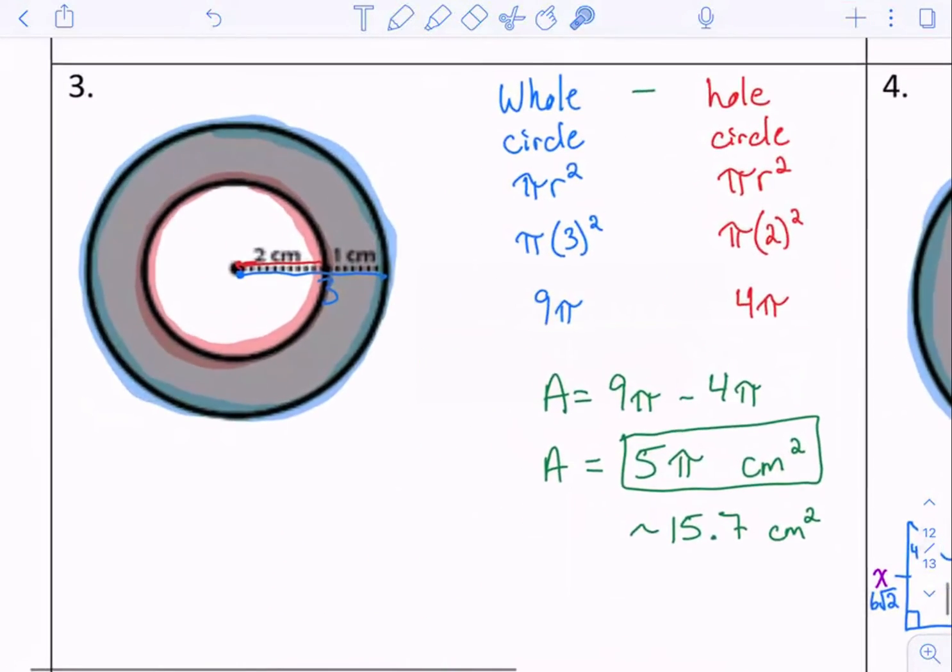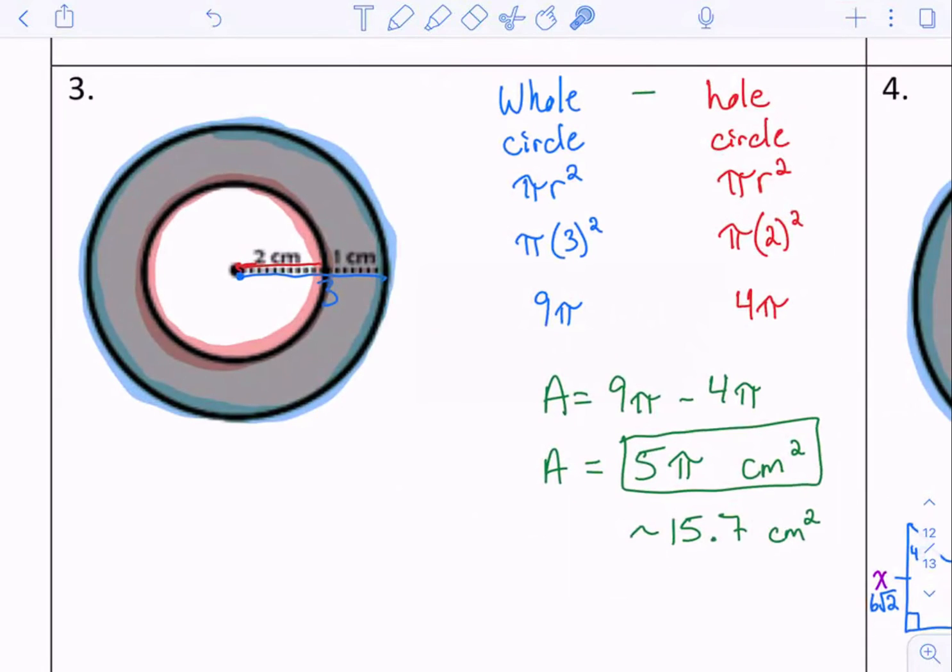And the last one that you did on your own, you have a whole circle minus a smaller whole circle. And so the larger whole circle, we would actually have to combine the 2 and the 1 to give us the full radius, which is 3. So 3 squared is 9, giving you 9 pi.